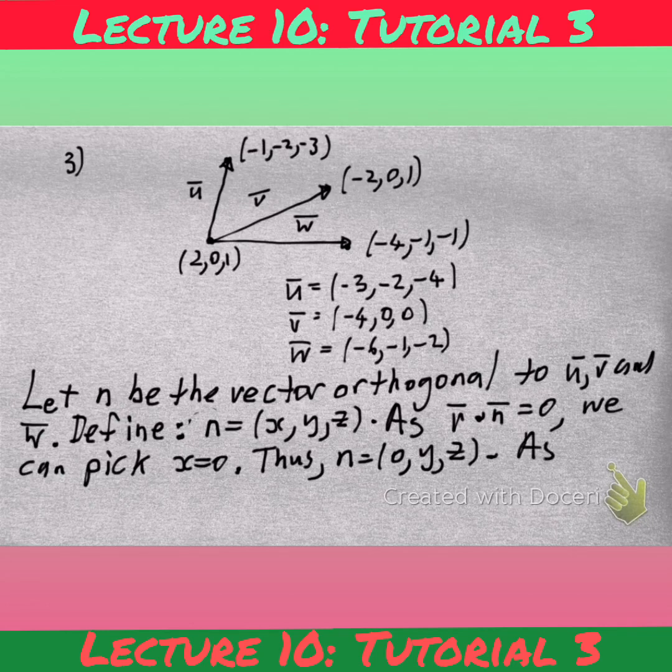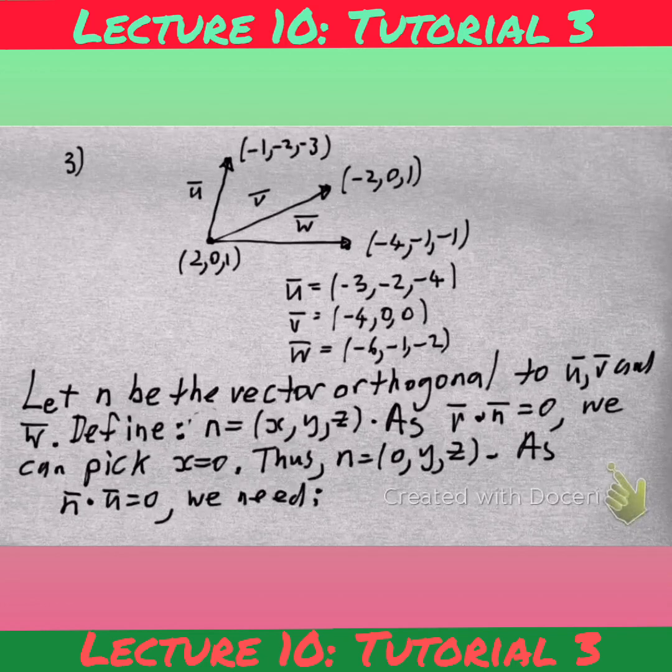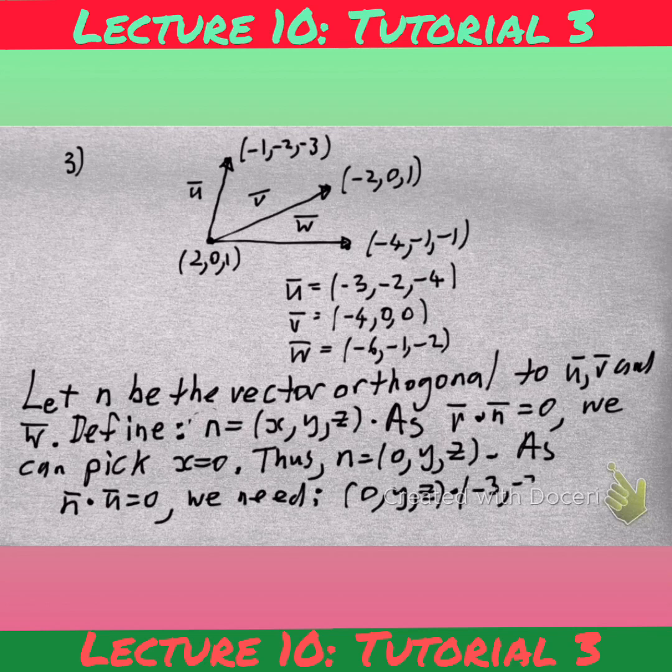Now, as n's dot product with u is 0, we need u's dot product with n, we need 0, y, z dot product with -3, -2, -4 to be 0.